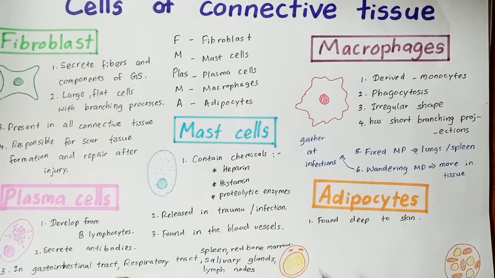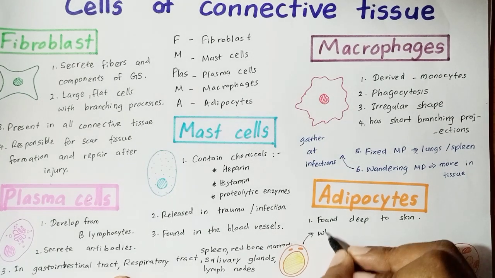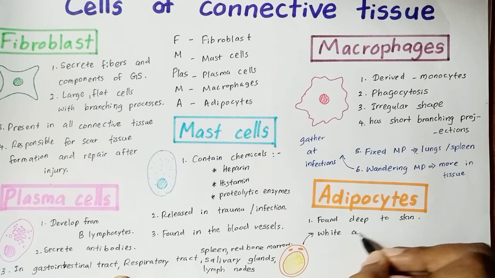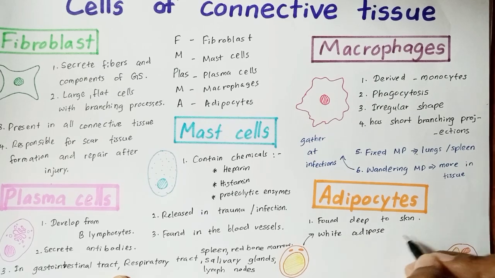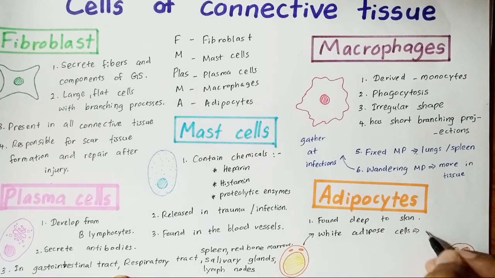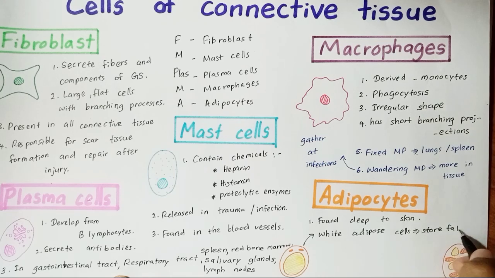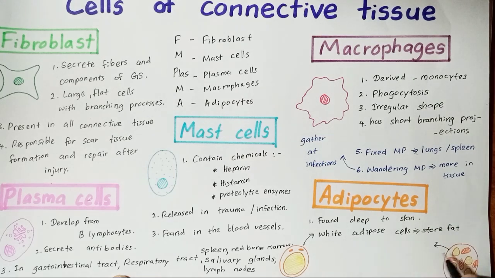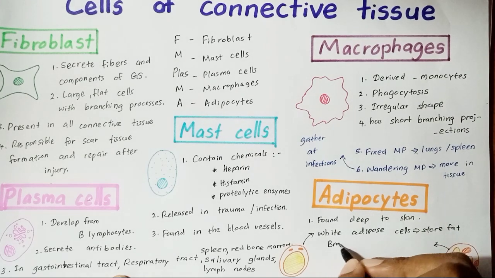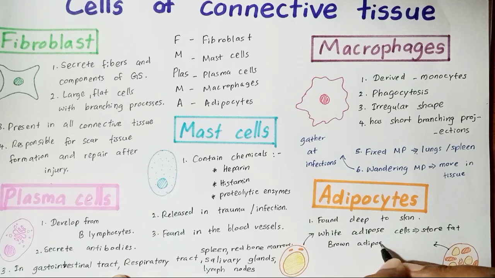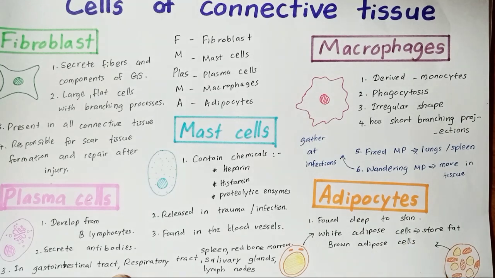So these white adipose cells store fat. And these are brown adipose cells. The main functions of these brown adipose cells are that they metabolize lipid and generate heat.